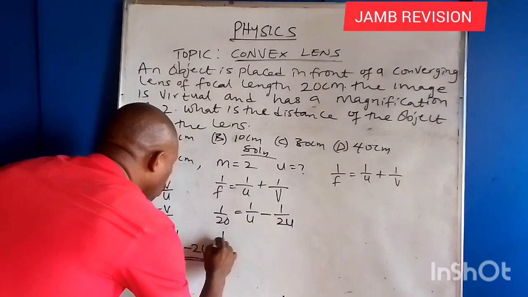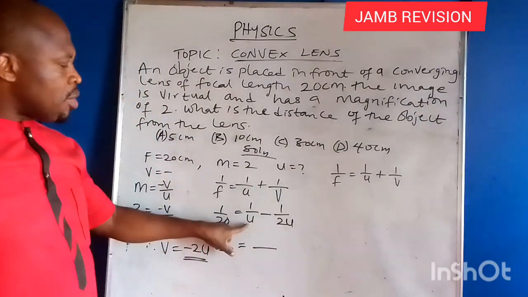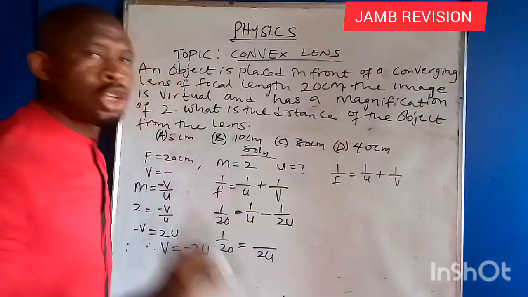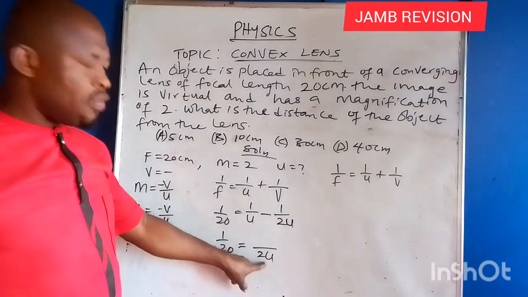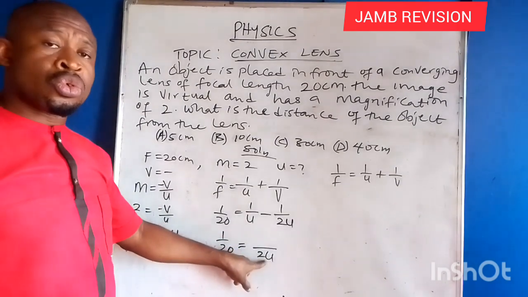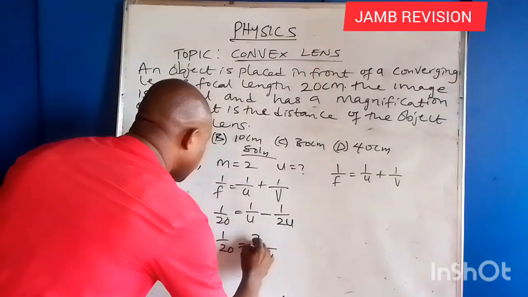So we now have 1 over 20 is equal to, now LCM of U and 2U will give us what? 2U. Now, 2U divided by U will give us 2. 2 times 1 will have 2.